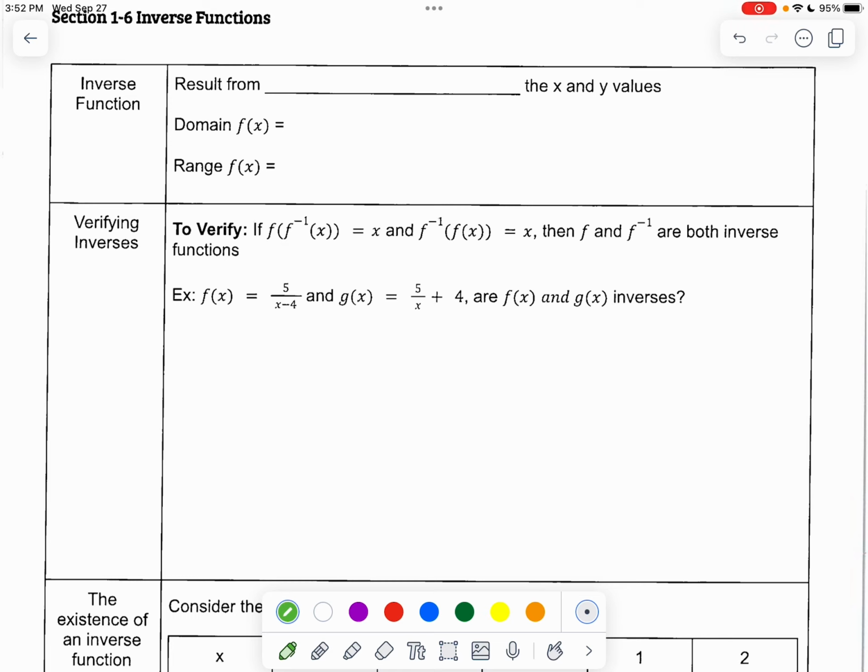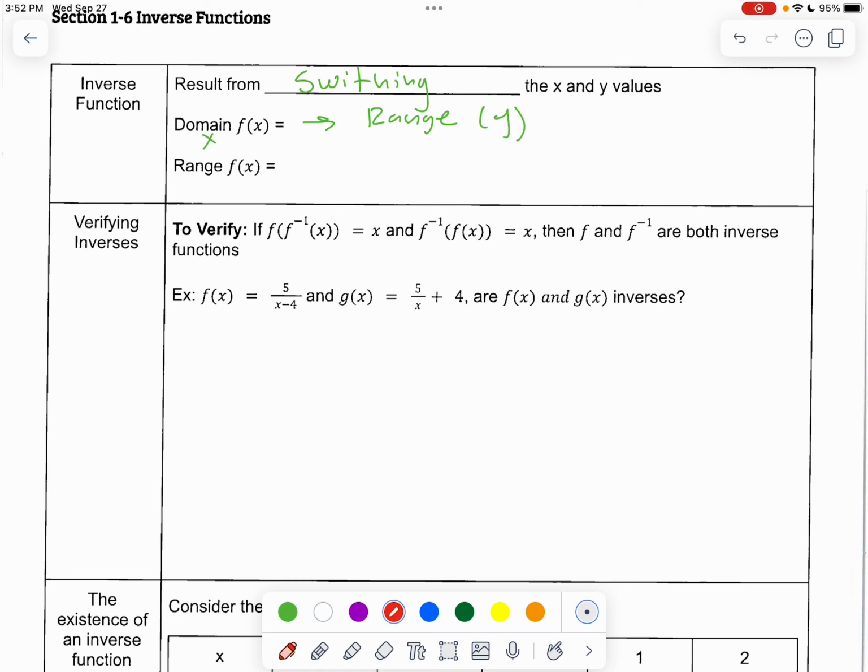All right. So inverse functions result from switching the x and y values. Normally when you have a domain and you plug it into a function, you end up going to a range, which is basically all your y values. So you have your domain, usually your x, and then you end up with your range as the y.